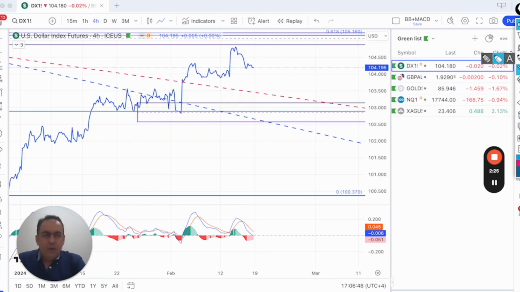So this is how I'm looking at dollar index in the upcoming week. Short term bearish, but again in the midterm I can expect it to cross extension area of 61.8 and target the next area of 100%.